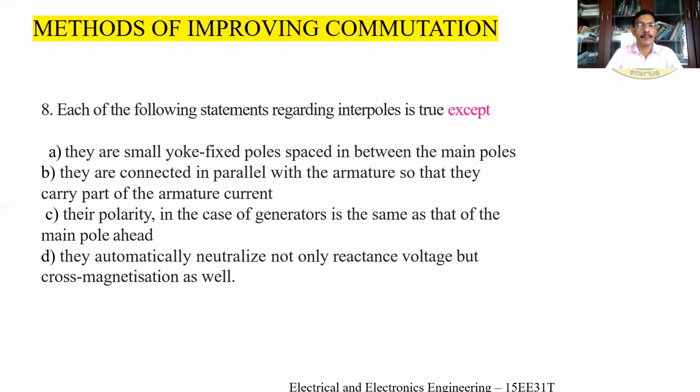Option C, their polarity in the case of generators is the same as that of the main pole ahead. Option D, they automatically neutralize not only reactance voltage but cross magnetizing as well. So read once or twice all the options and questions and finalize your answer.